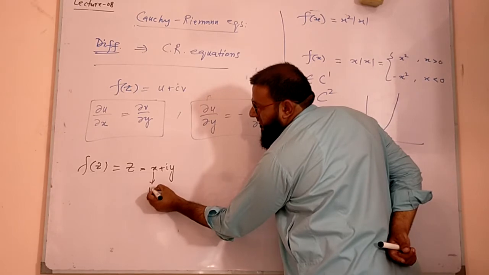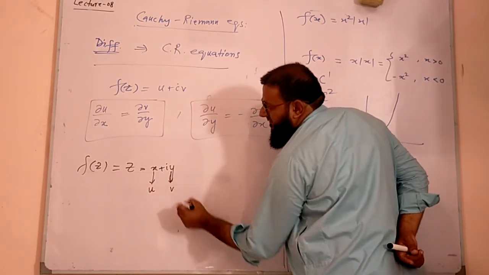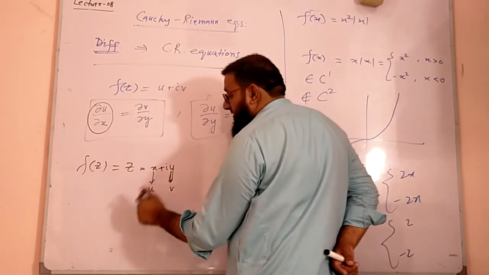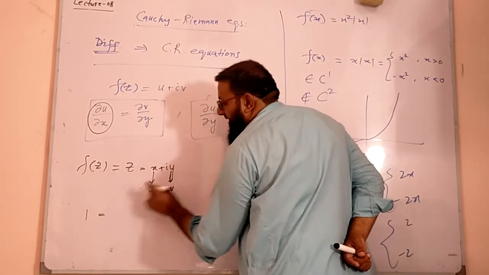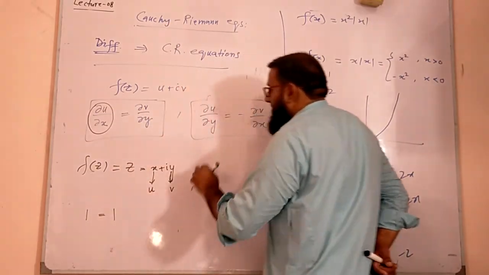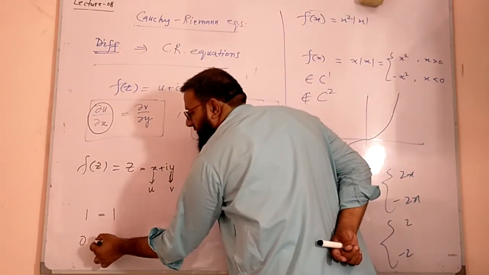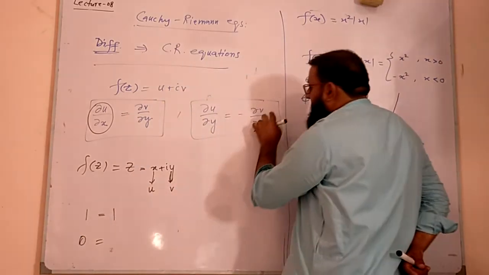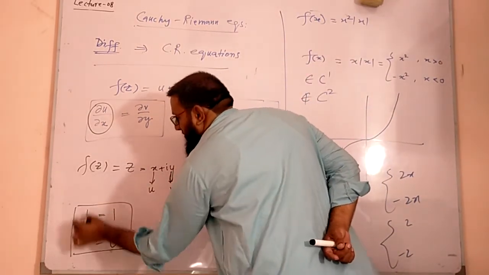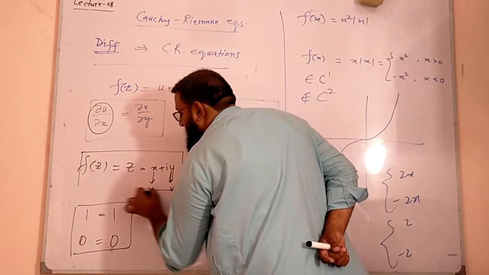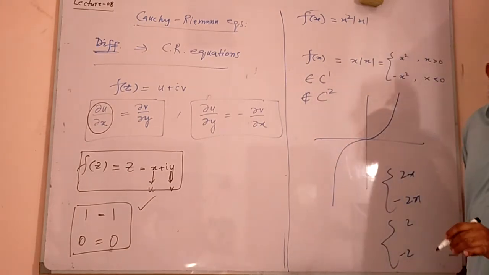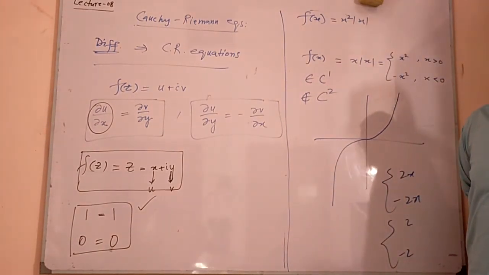What is u? x. What is v? y. What is the value of partial u by partial x? 1. And partial v by partial y? 1. Partial u by partial y is 0. Partial v by partial x is 0. So satisfied. If this is differentiable, CR equations will be automatically satisfied.